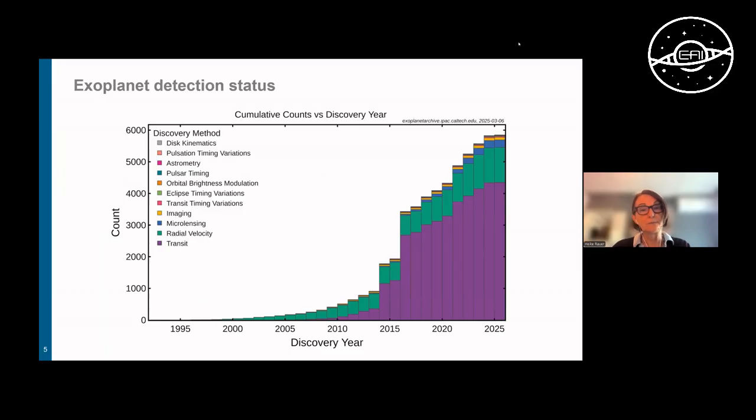You see the purple color in this histogram marks the transiting planets. And this is today really the dominant detection method, not only because we have the various space projects going on, but also this is not by chance. It's really because we can learn so much about transiting planets.